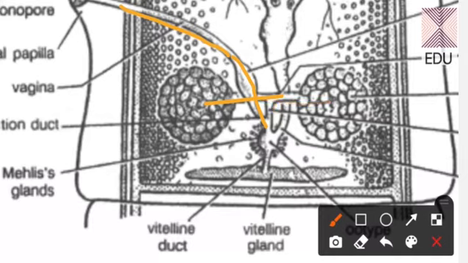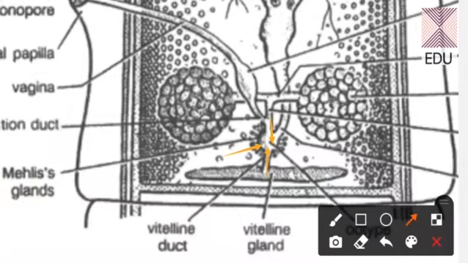So in the oviduct, the fertilization occurred, and then the fertilized eggs came into the ootype. The vitelline gland secretion is again coming into the ootype. And third, the secretion of the Mehlis' gland is poured onto the zygotes.